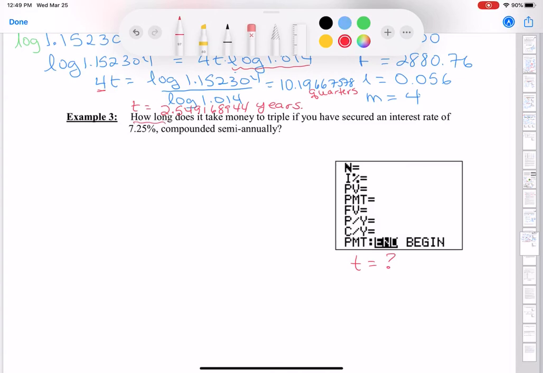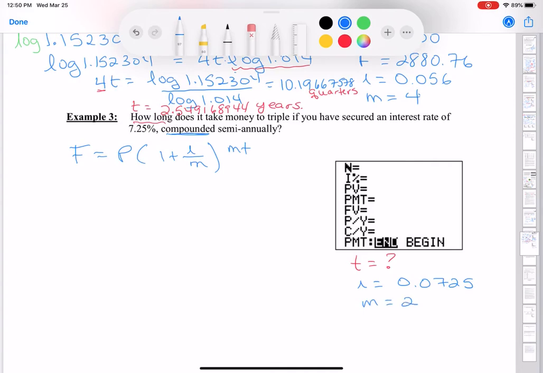I see that I have a compound interest formula question. So I have future value is equal to present value, (1 + i/m)^(mt). I have an interest rate that is 0.0725, and I know that m is equal to 2.